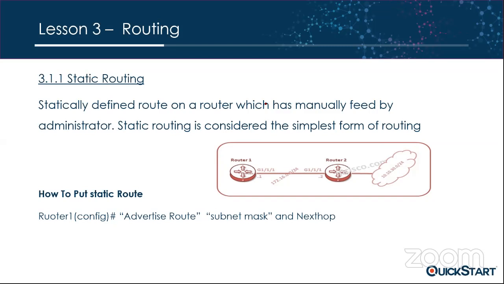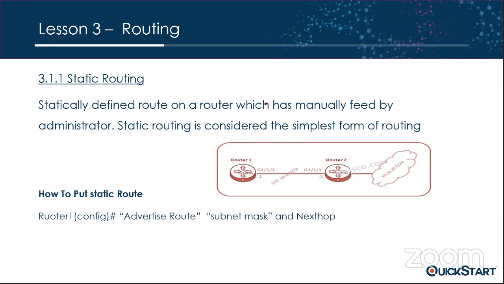Static is, I would say, for small networks, or maybe 3 or 4 routers, or where you know the other network is not going to be disconnected, or if it is disconnected it is not going to impact your business, right?